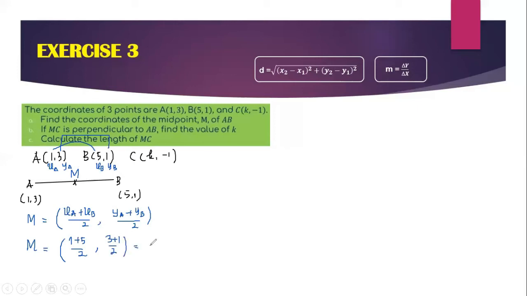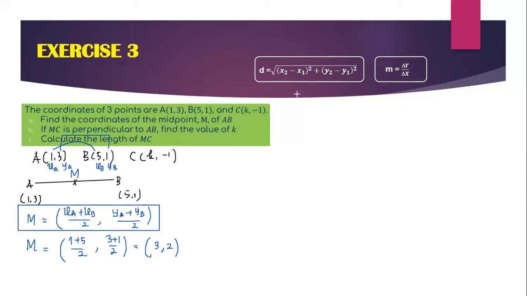So the midpoint is (3, 2). Clear? This is the midpoint of AB. Remember the formula for the midpoint. This is the midpoint formula.